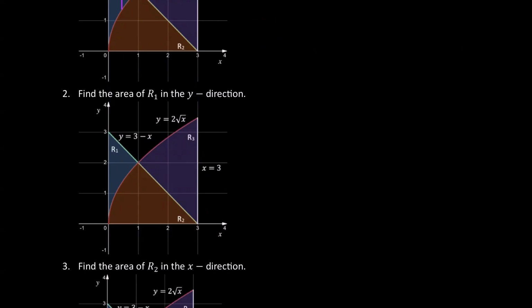So from the left, that's the y-axis, to the right, and you can see clearly we cannot do it using one formula, because the lower portion goes from the y-axis right to the curve 2 square root of x. The top portion will go from the y-axis to the line 3 minus x. So clearly we gotta do it with two integrals.